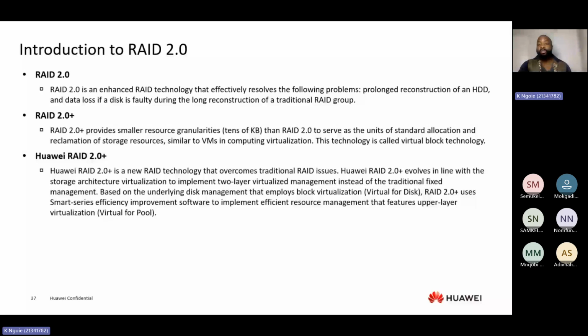To solve that, the design of RAID 2.0 was introduced. RAID 2.0 was designed to fix those issues.